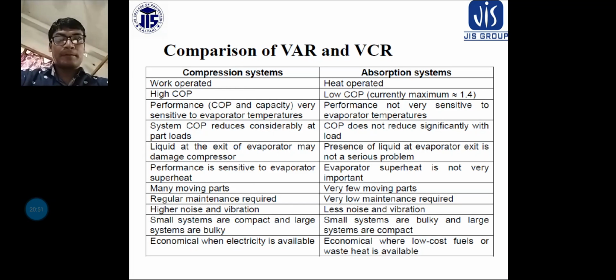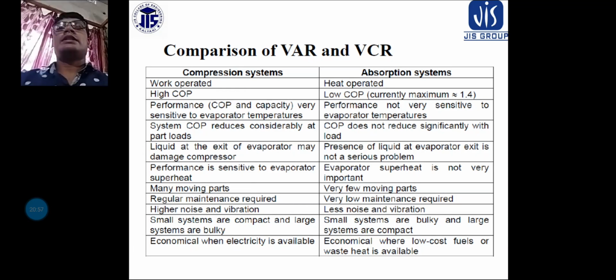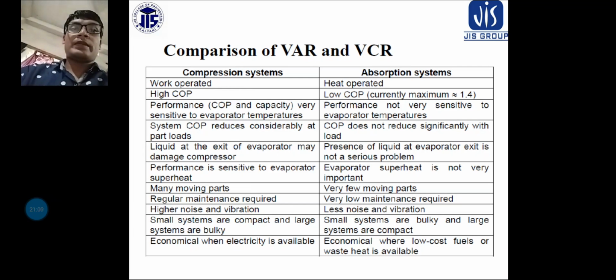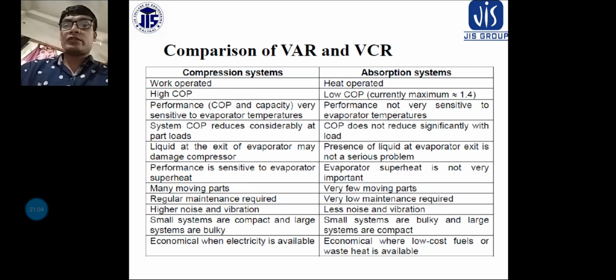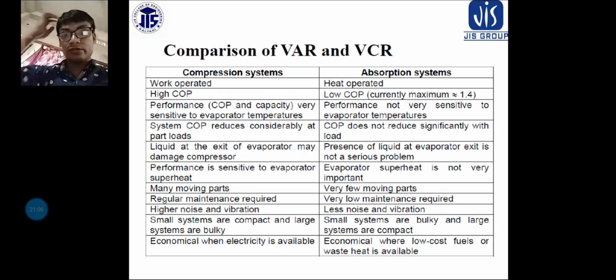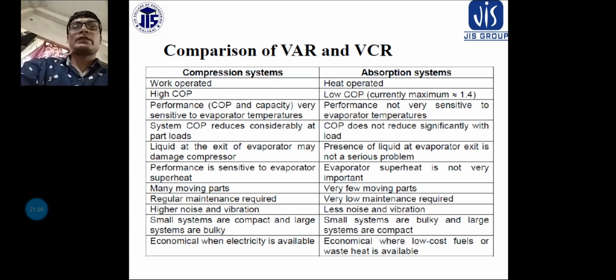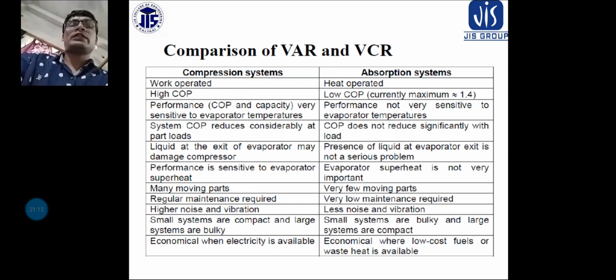Very important point. Work is high grade energy, and the vapor compression system is generally used with a compressor. Compressor, condenser, expansion valve and evaporator are the four major components in the compression system.